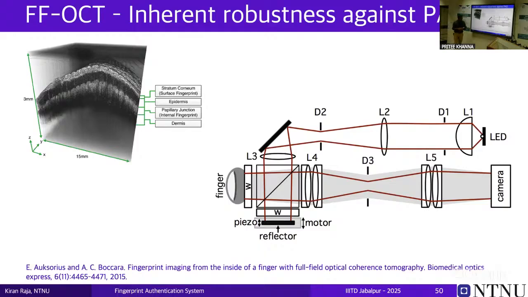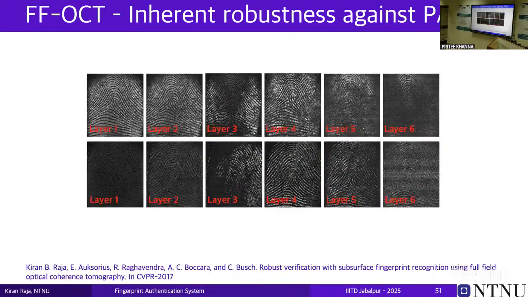This was work done by our partners in France in a project. And how does the fingerprint actually look beneath the skin once you extract it? The top one is layer number one of the fingerprint, then layer two, layer three, layer four, layer five, and so on.